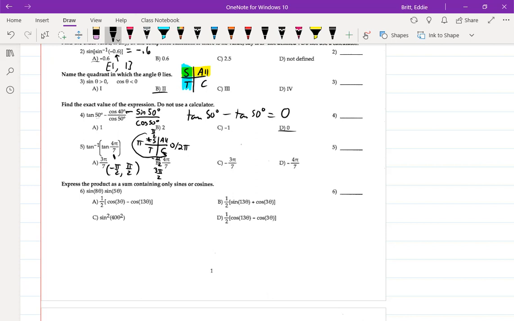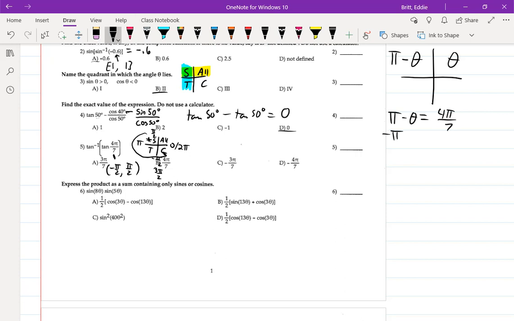So basically, all we need to do is find the reference angle for this, and then put a negative in front of it, and that'll put it down here. So the reference angle chart, remember, in the second quadrant is pi minus theta. If I want to solve for the reference angle, I say pi minus theta equals 4 pi over 7, and solve for theta.